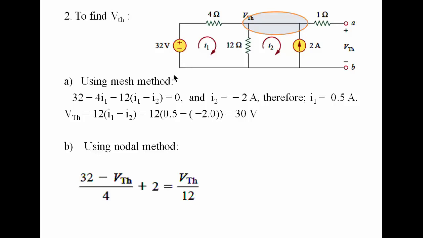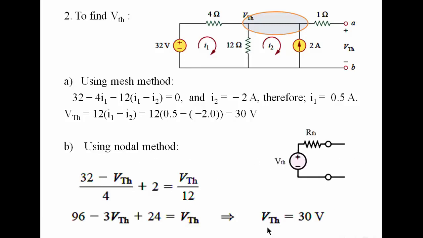The value of this current is V Thevenin minus 0, because this is the reference node or the ground node, so V Thevenin minus 0 over 12, or simply V Thevenin over 12. And by solving, we get V Thevenin, which is 30 volt. So we obtain the same answer as the mesh method.